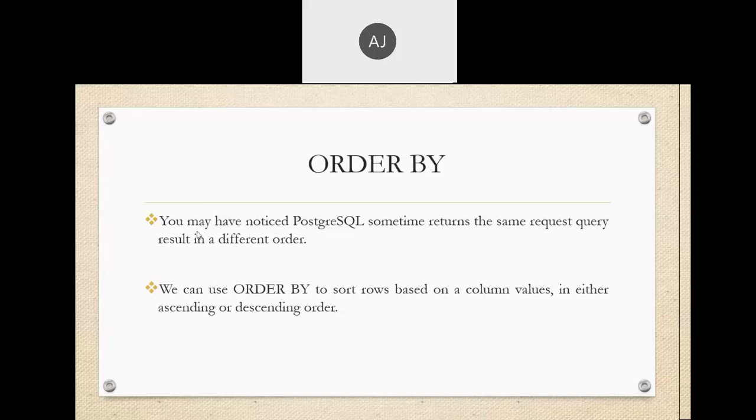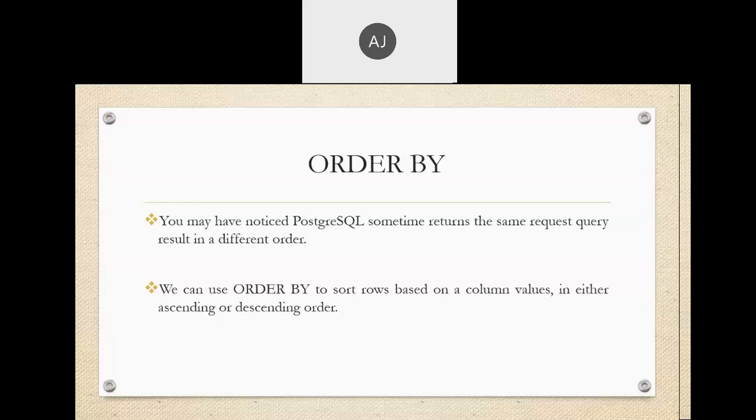You may have noticed that PostgreSQL sometimes returns the same query result in a different order. When we retrieve the data, we get the actual data, so don't worry about that, but not in proper format, meaning not in ascending order.